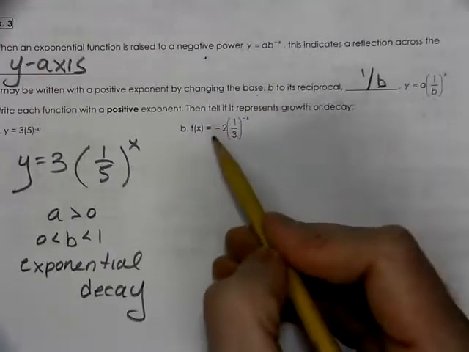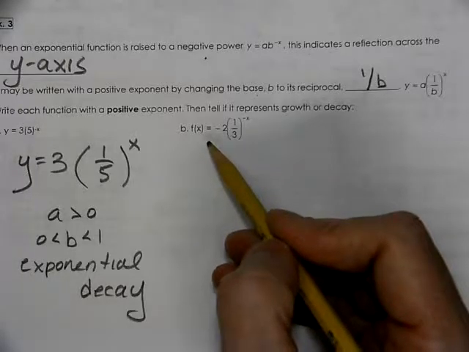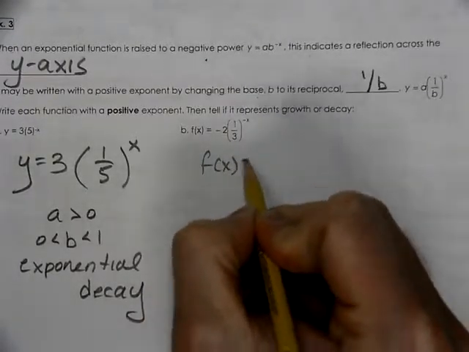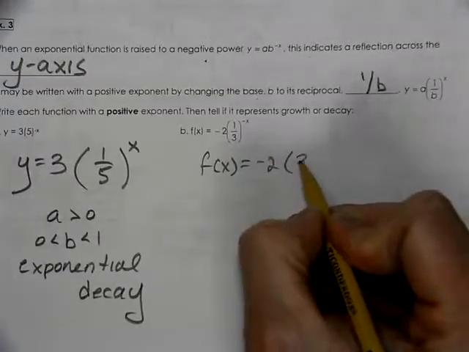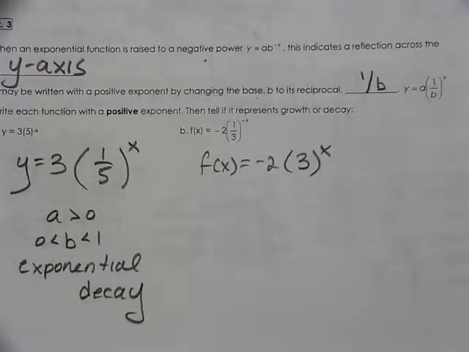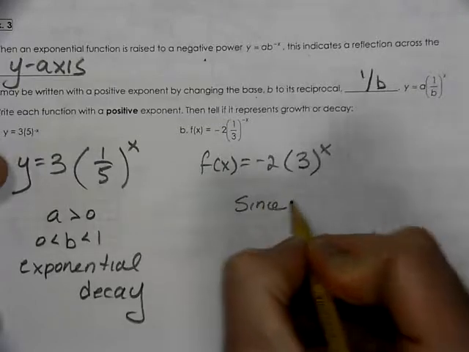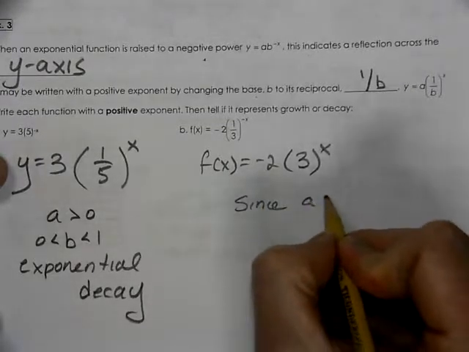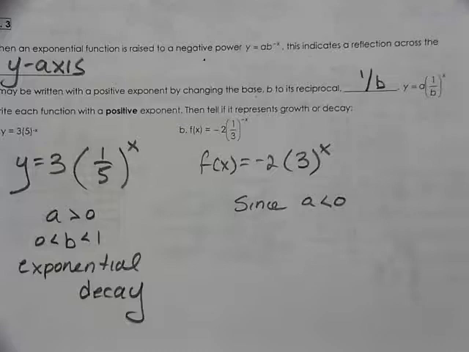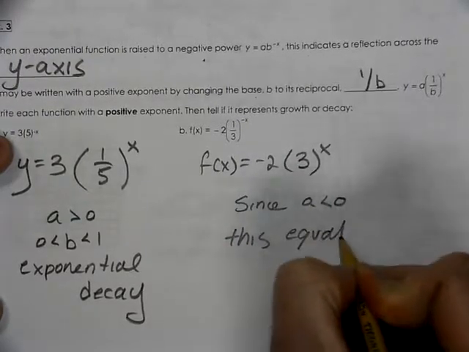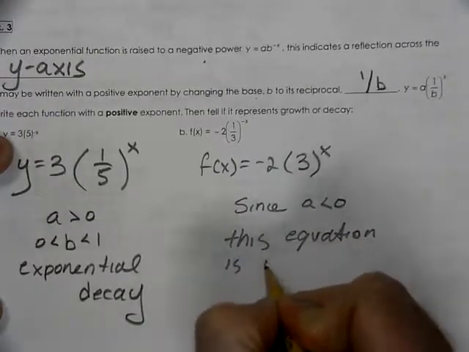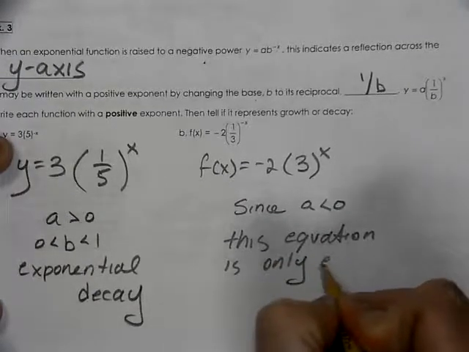Let's try one more. Take a look at what you see here. We have f of x equals -2 with a negative exponent, so we flip the fraction, so we have a positive exponent. But what you notice here is since the a value is less than 0, this equation is only considered exponential.